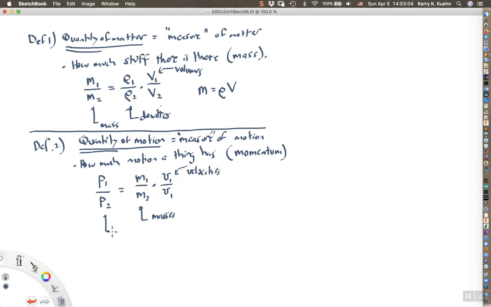And these would be the momenta of the objects. And once again, if you don't like forming these ratios, you could just say the momentum of an object is equal to its mass times its velocity. Okay, so these are a couple of important formulas. The formulas on the right are probably how you're used to seeing these quantities written, but this is how he was writing it as a ratio or a comparison of these things.